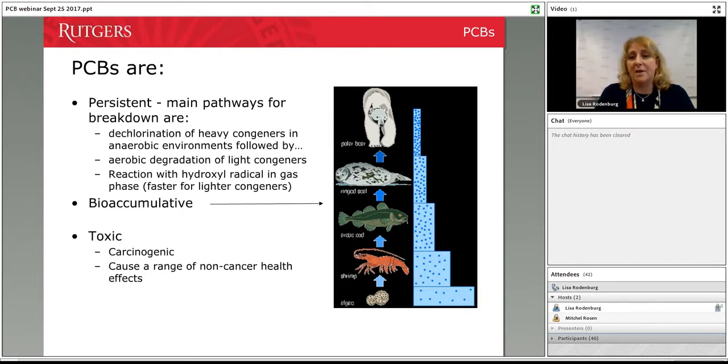And they also are then more volatile because they're less heavy. They don't have all these heavy chlorines on them anymore. So they're liable to get into the gas phase. And once they're in the atmosphere, there are hydroxyl radicals and other reactive species in the atmosphere that will break down some of the PCBs. So there are some ways by which PCBs can be destroyed in the environment, but they're slow. And compared to the large volume of PCBs that's existing out there, they're not fast enough to really make a big dent in the amount of PCBs circulating in the environment.